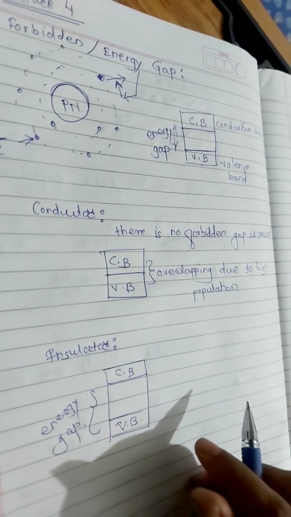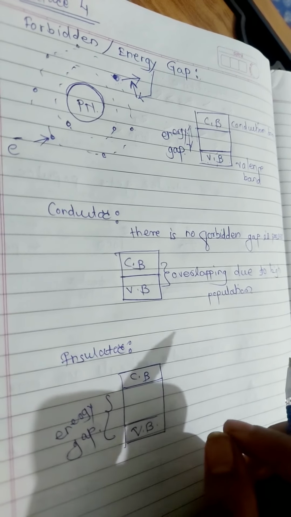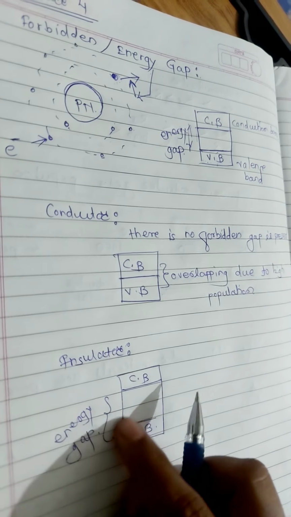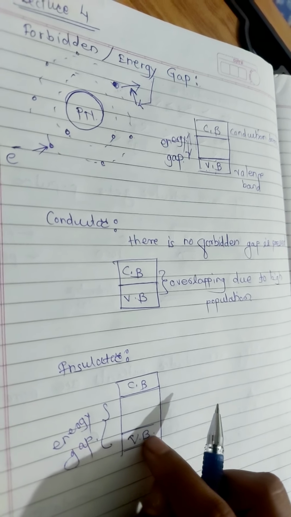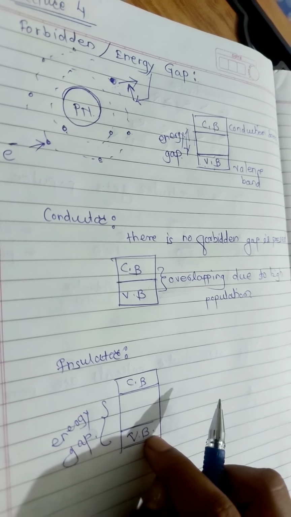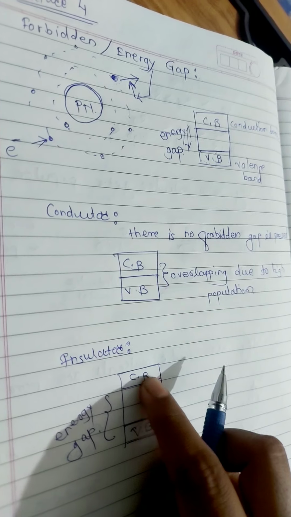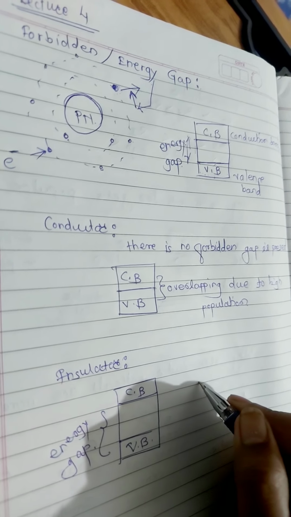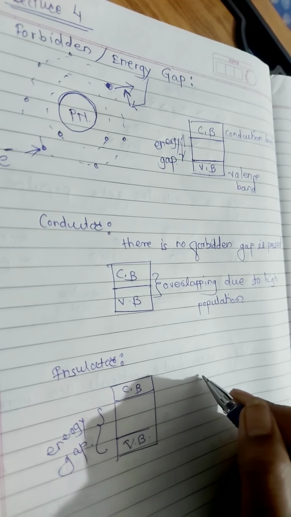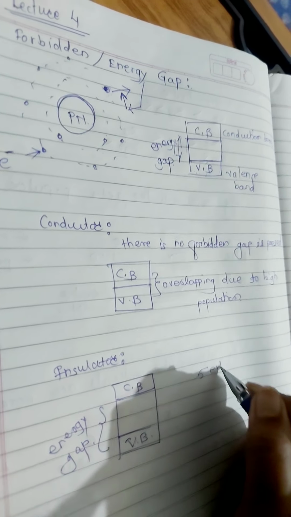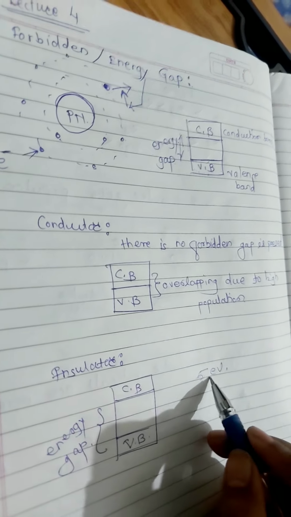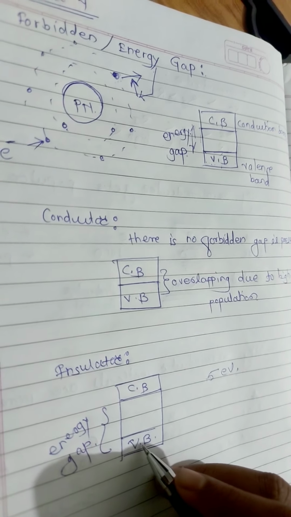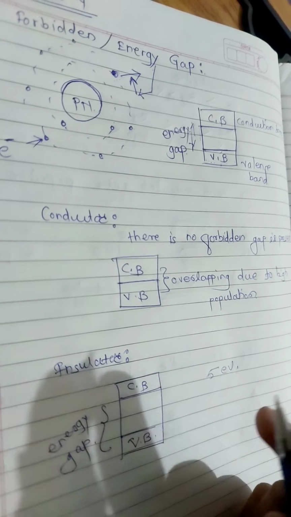You have to provide a more amount of energy to the valence band electrons to pass from the VB to the CB. So how much is required? An insulator has an energy gap of about 5 electron volt, meaning 5 electron volt of energy must be provided to deliver the electrons from the valence band to the conduction band.